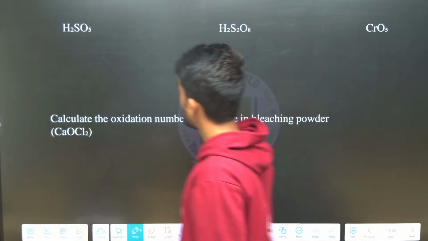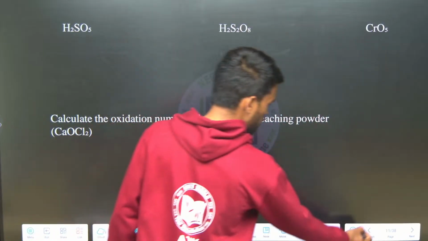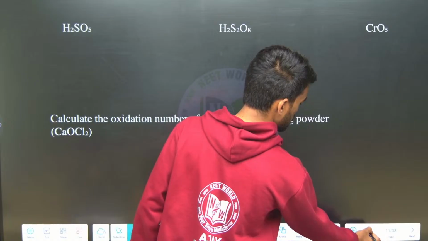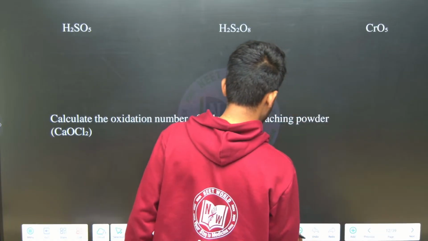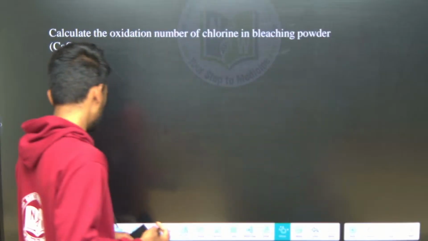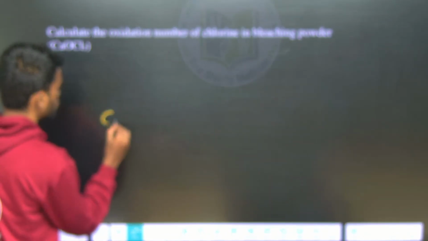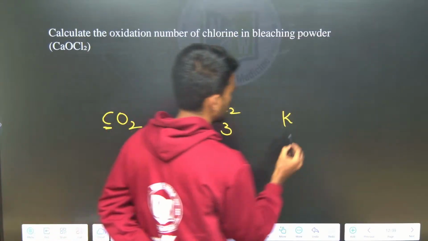Here you tell me, and before doing this, just tell me for a few basic compounds first. CO2, CO3 2 minus. I just want this for carbon in all these cases.